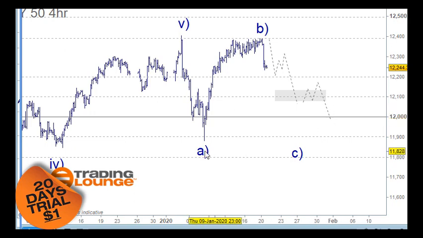But that 5 waves could be the A, the B, and the C, finishing here, and then going higher from that point. So we need to be mindful. When this has 5 waves here, we're still going to get a kickback here, and then move down again, possibly, or we'll continue to the upside from there.